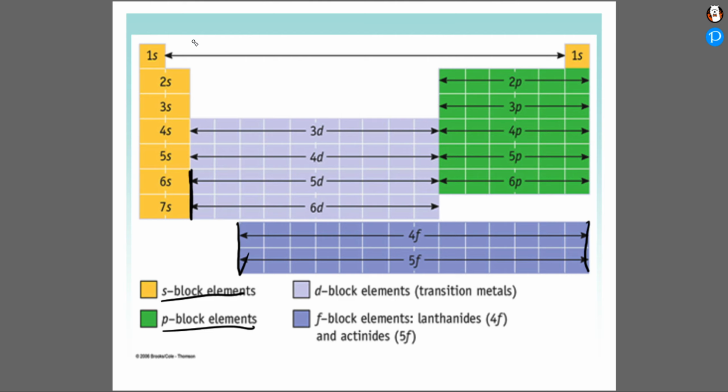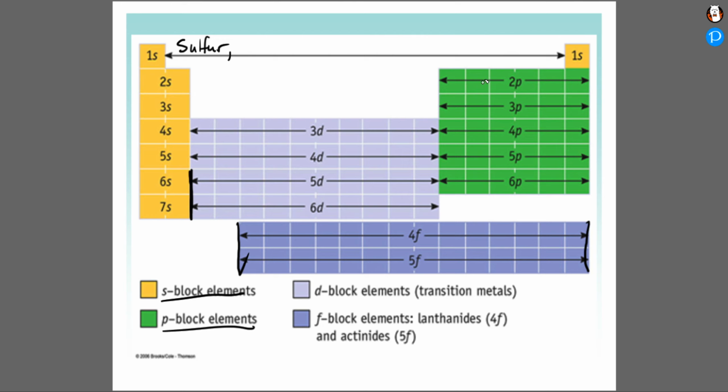Let's say we have to write the electron configuration for sulfur. Here's how we're going to do this. We're going to start up in the very top corner right here where it says 1s, and we're just going to count how many electrons it takes to get from the beginning all the way to the element we're interested in.